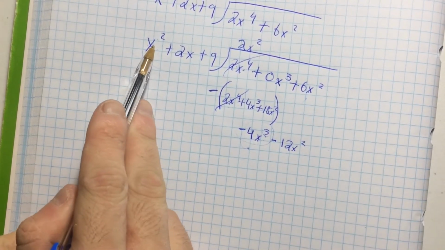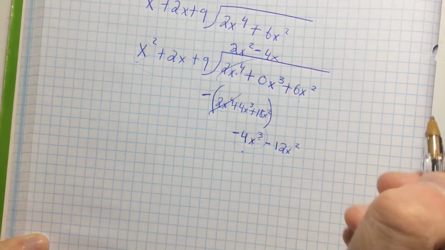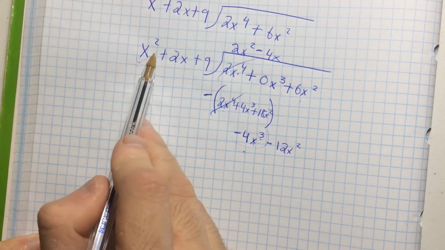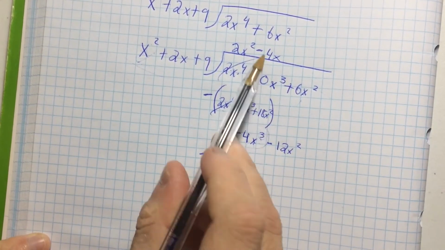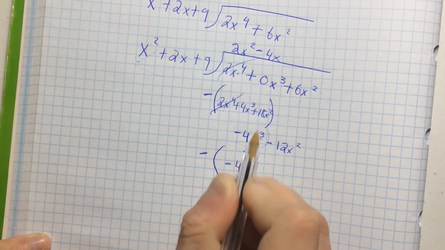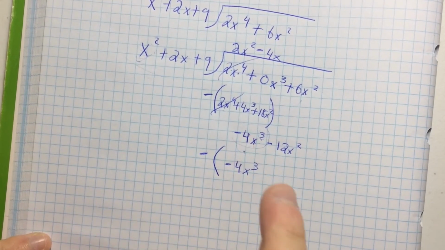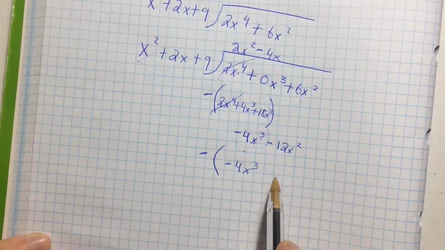Well, I have to multiply x squared by minus 4x, and I have to put a minus sign and a bracket. So minus 4x times x squared is minus 4x cubed. You see how these guys are the same? That's a good telltale sign you've done it right.